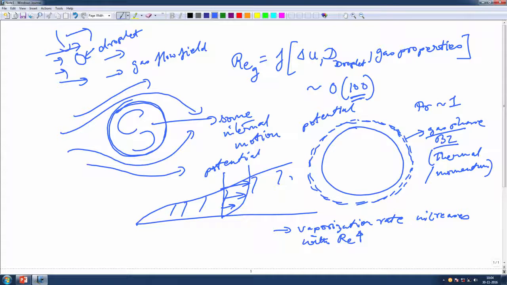So, it is basically a convection effect, it is not a diffusion effect, because if you recall, earlier, the diffusive transfer happens like this: the vapors leave the droplet surface and form a layer of high concentration vapor around the droplet.